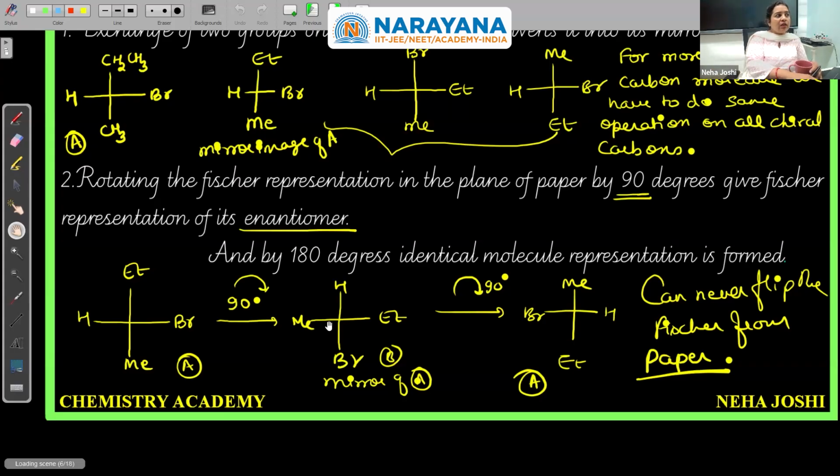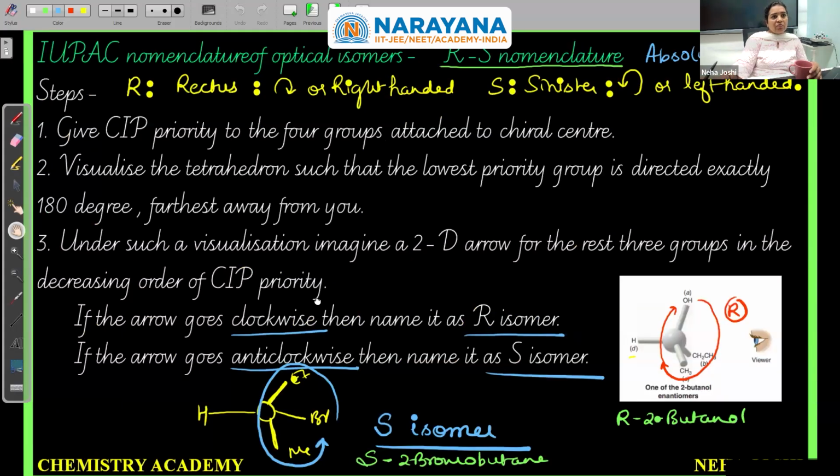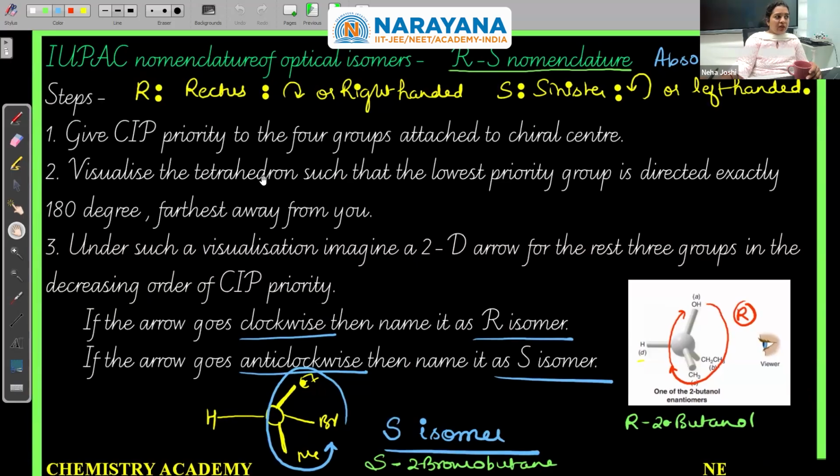So RS is a very important configuration. First, you have to give CIP priority to the 4 groups attached to the chiral carbon. Visualize such that the lowest is directed exactly 180 degrees opposite to you.